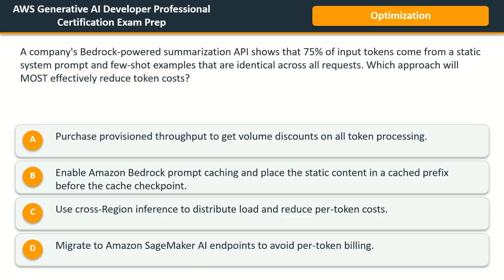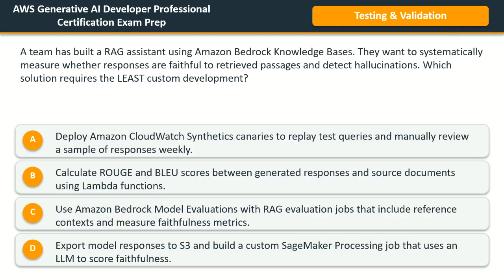A. Deploy Amazon CloudWatch Synthetics canaries to replay test queries and manually review a sample of responses weekly. B. Calculate ROUGE and BLEU scores between generated responses and source documents using Lambda functions.